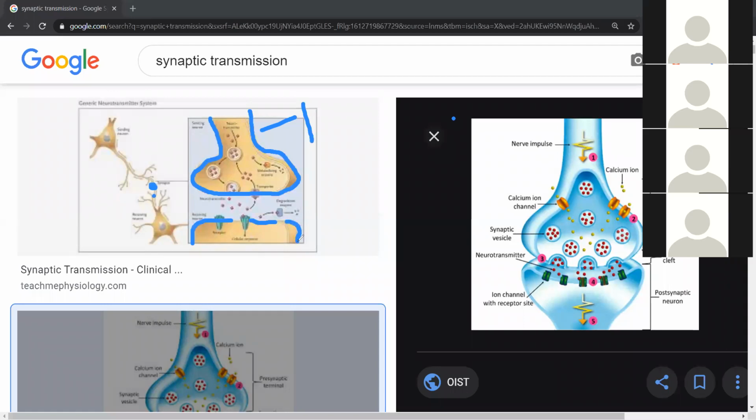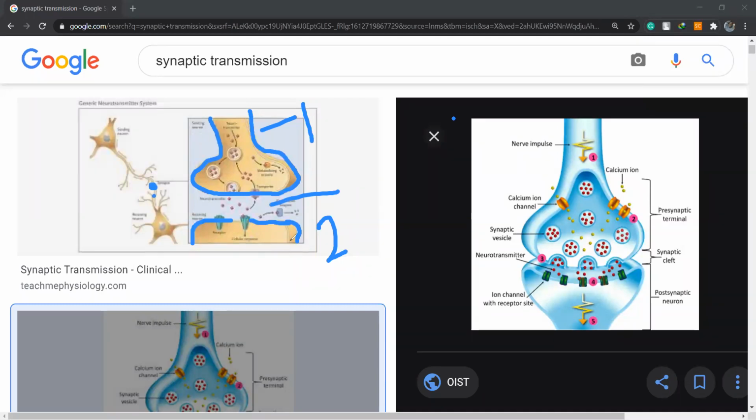When you use a microscope to check, you can see that there's a gap in between the first neuron's terminal button and the second neuron's dendrite. There's a gap here, and that gap is what is referred to as the synapse or synaptic cleft.